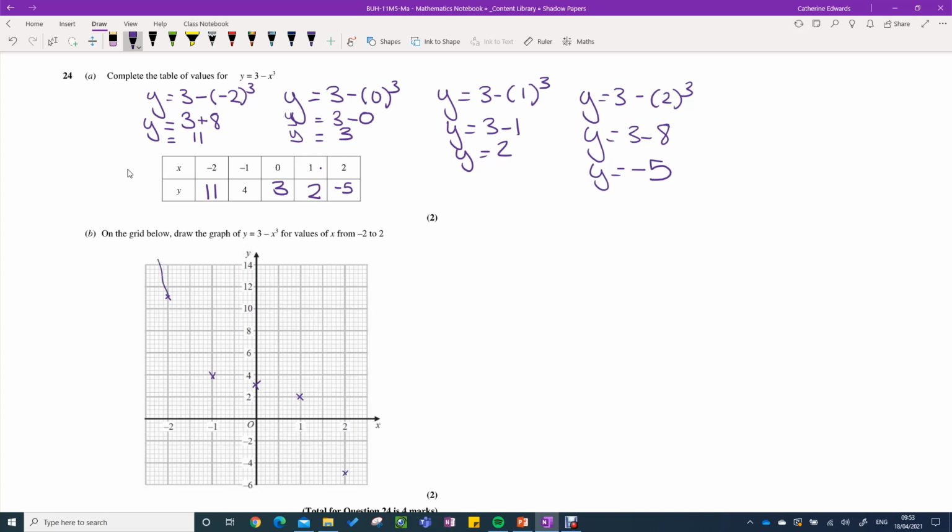And we're going to join it up with as smooth a line as we can, going through all my points. And there is my graph. X cubed graphs look a bit like a wiggly snake.